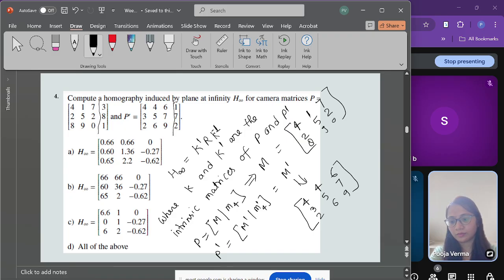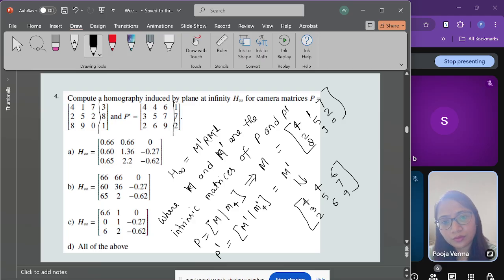Just to avoid confusion, I can write here M, M inverse, where M and M dash are the intrinsic matrices of P and P dash. Now what we need to calculate first is the M inverse.